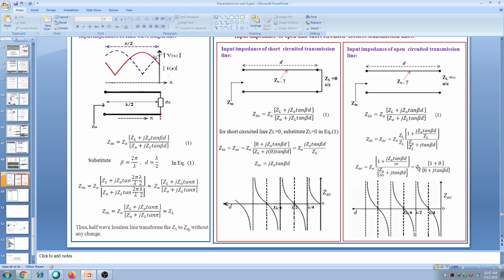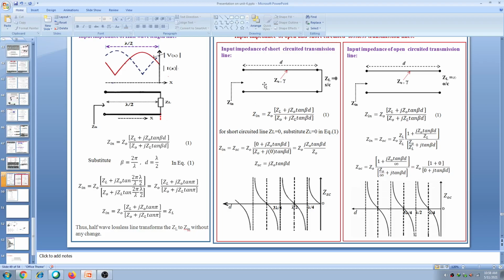So minus j Z0 cot beta L. So ZOC is equal to minus j Z0 cot beta L. That we get for the open circuited line. The general expression for the impedance of an open circuited line, for any length D, is given by this equation. We will see it in the next class.